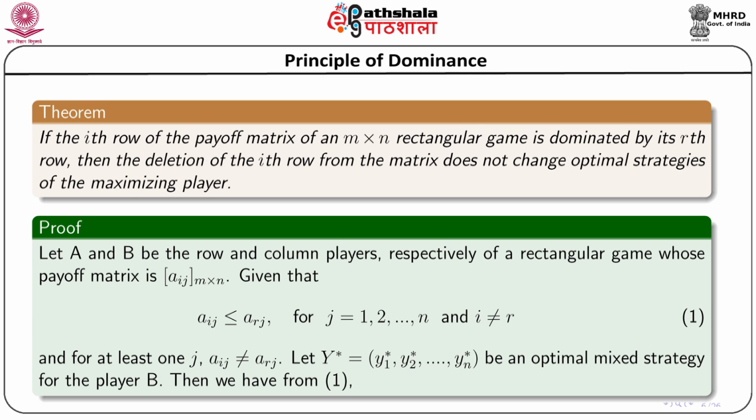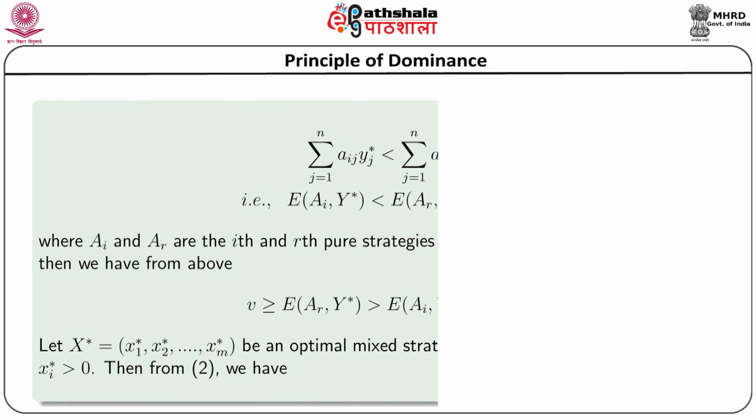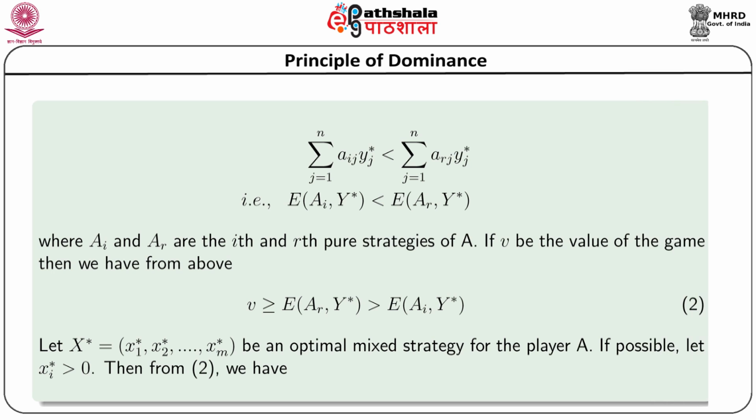Then from equation 1, we have sigma aij yj star, j varies from 1 to n, is less than or equal to sigma arj yj star, where j varies from 1 up to n.